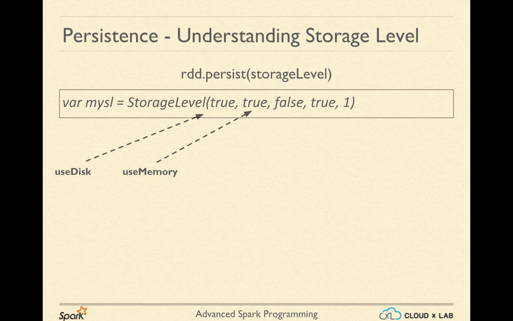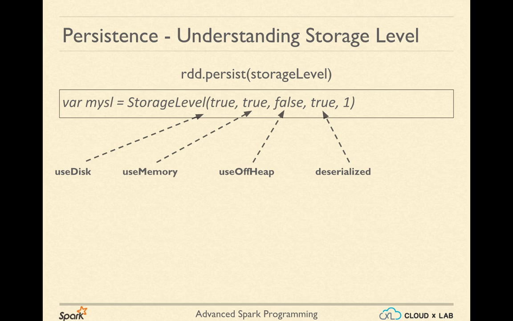In the example, we want to use both disk and memory. Therefore, both are true. The third argument is whether to use off the heap memory. The objects stored in heap are fast to retrieve, but are subject to garbage collection by Java garbage collector.